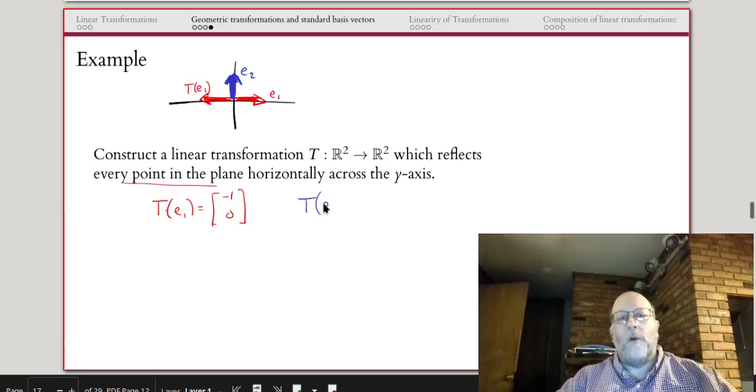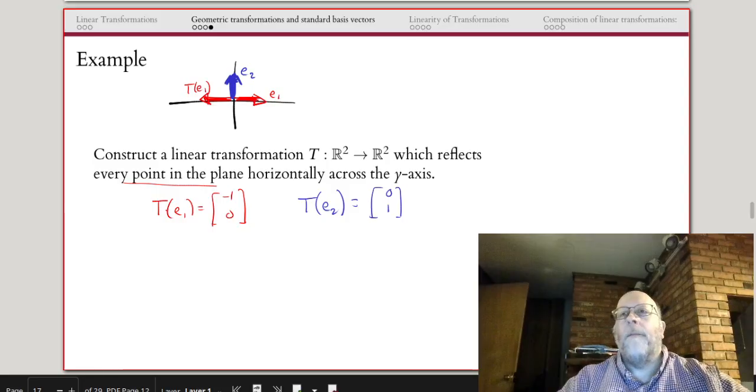The transformed version of E2 is still the vector 0, 1. And so the matrix that generates our transformation is going to be negative 1, 0 and 0, 1: the transformed version of E1 in the first column and the transformed version of E2 in the second column.